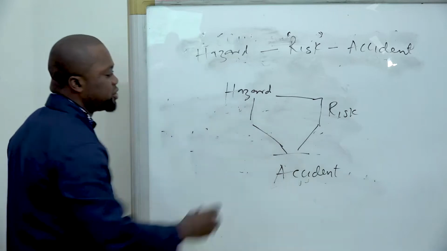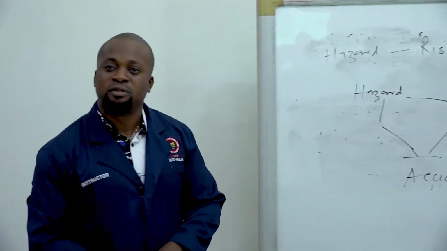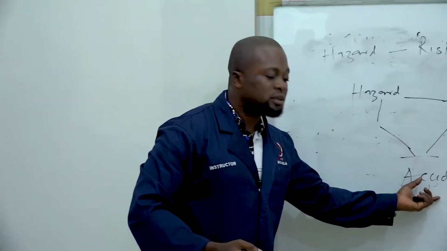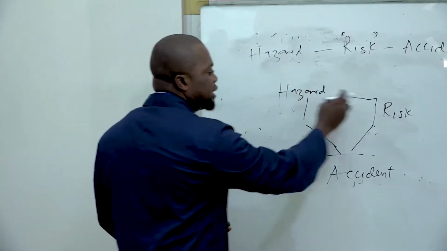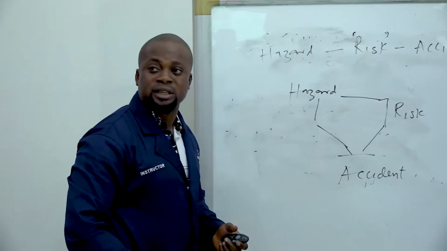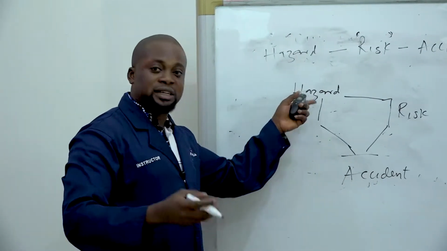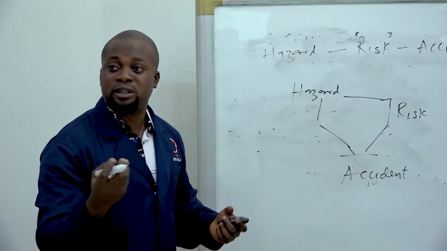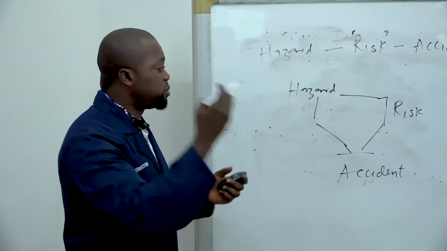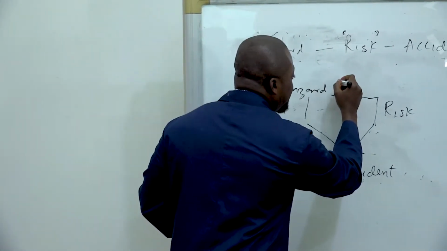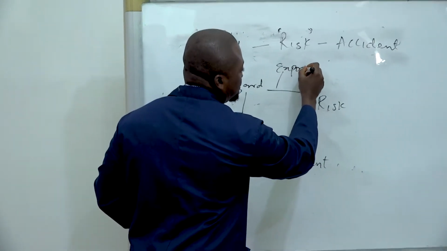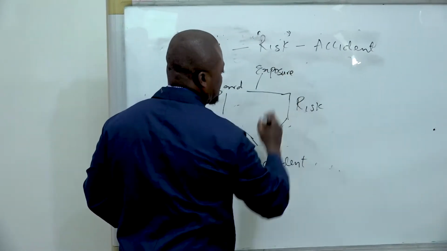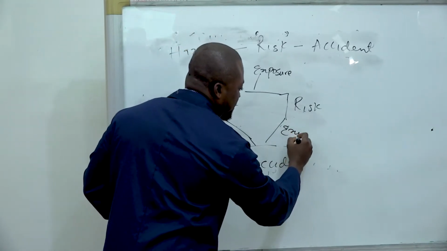Accident. There is a link between hazard, risk, and what? Accident. And once there is a hazard, a condition or substance which you can see or feel, there is room for what? Exposure.